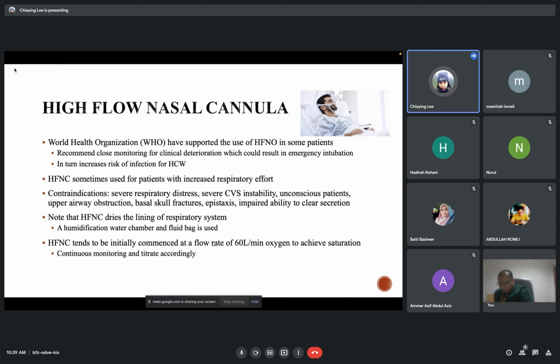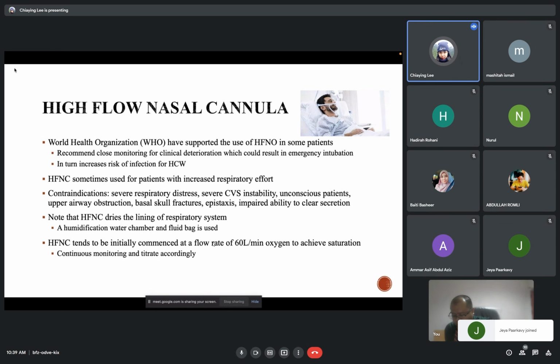One thing to note is that high flow nasal cannula can dry out the lining of your respiratory system, so we can use it with humidification, a water chamber, and a fluid bag. To initiate the flow rate, we usually give 60 liters per minute of oxygen to achieve saturation, and subsequently we titrate accordingly. Okay.